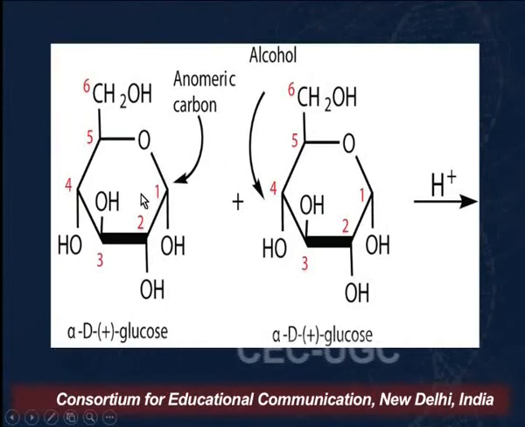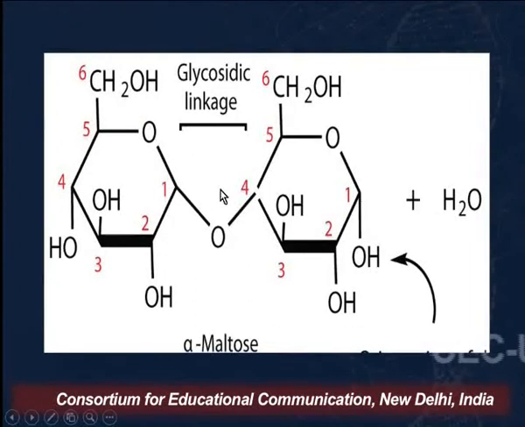Please remember, this is the hemiacetal group. So here again a reaction will take place. OH will be eliminated from here and H will be eliminated from the fourth carbon, resulting in the formation of a glycosidic linkage. And why are we calling this alpha maltose?